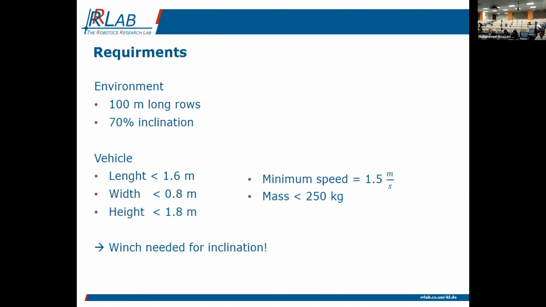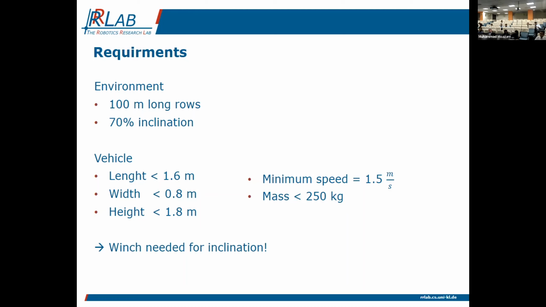Now here are the requirements for the vehicle itself. We said that the vehicle should be able to drive in vineyards which have a length of 100 meters, and it should be able to handle inclinations up to 70%. Also, here are a few dimensions it has to fit because of already existing vineyards.